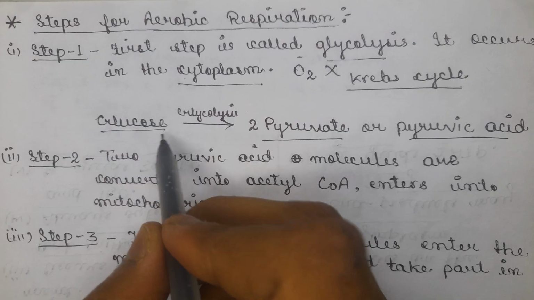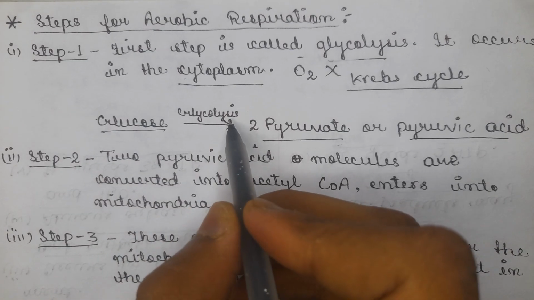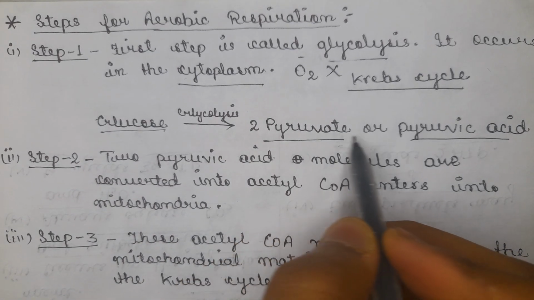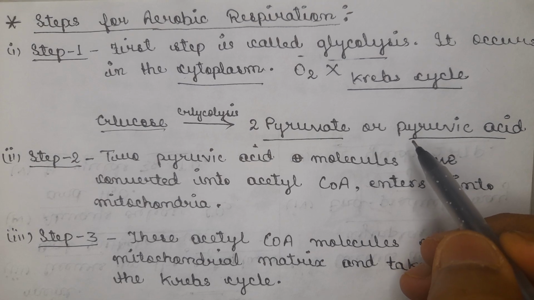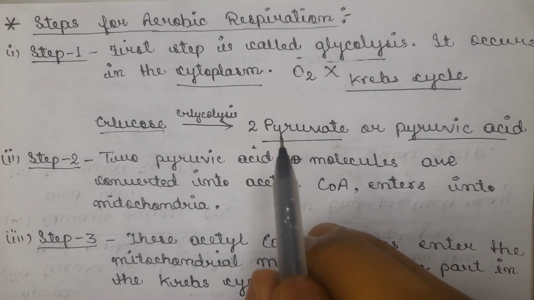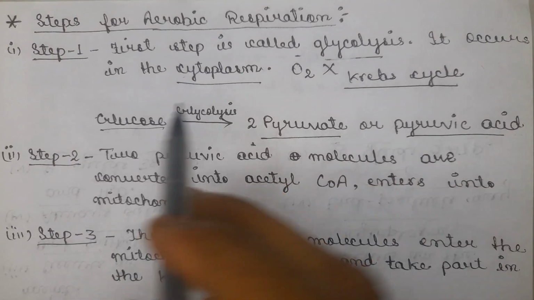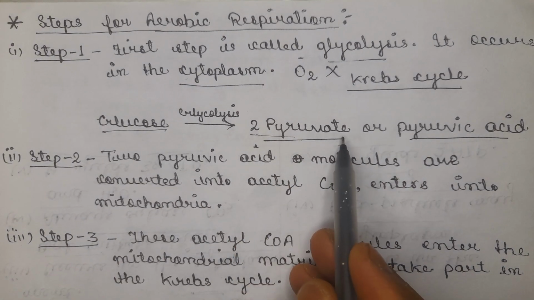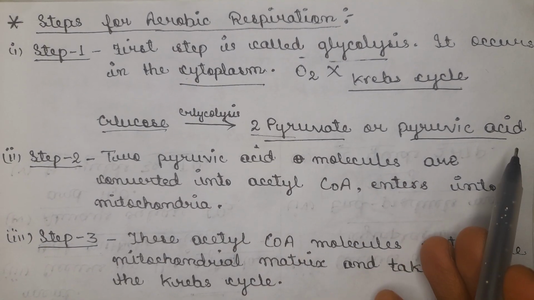Here the glucose molecule is broken down with the help of glycolysis into 2 pyruvate, or pyruvic acid. So in this step, one glucose molecule produces 2 pyruvate or pyruvic acid.